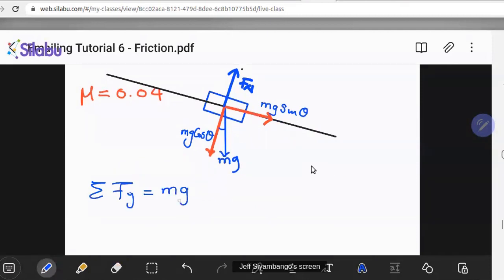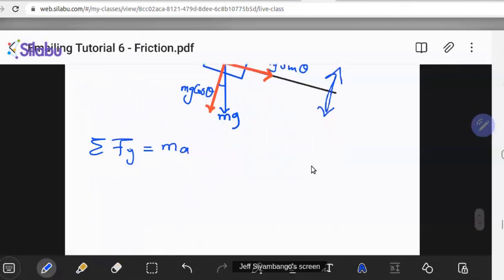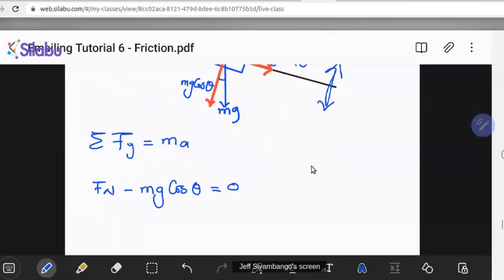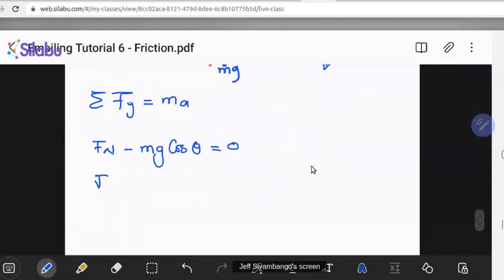In the y-axis, the object never goes up and never goes down. So in the y, the acceleration is equal to 0. There are two forces in the y: we have Fn going up and mg cos theta going down. So this has to be equal to 0. From here, we see that Fn will be equal to mg cos theta.